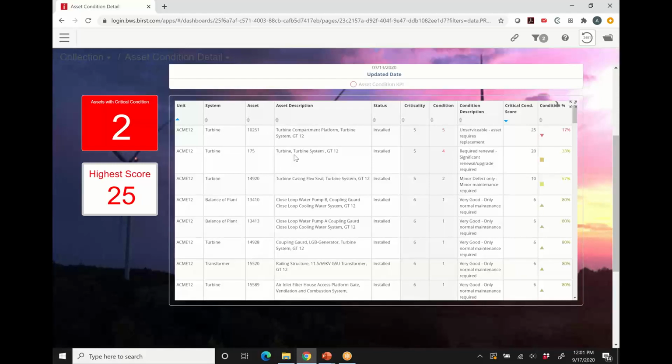So one option could be to say, well, it's really not impacting the performance of my turbine, so how about if we move it around and assign it to the balance of plant, right? And then you can certainly treat your balance of plant in a much different way than you can treat the actual turbine, right?